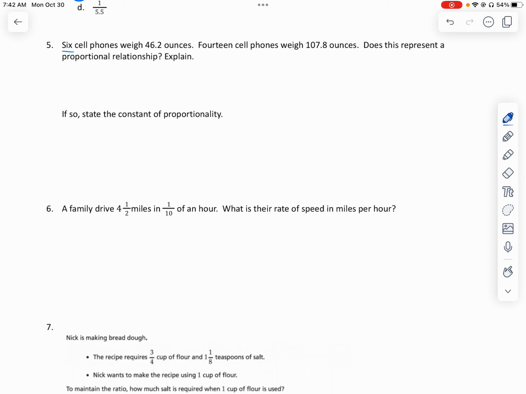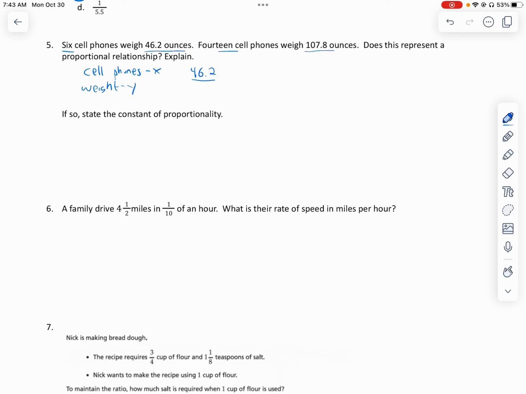6 cell phones weigh 46.2 ounces, 14 weigh 107.8 ounces. Does this represent a proportional relationship? Explain. So the cell phones is our x, and the weight is the y, because the weight depends on the cell phones.